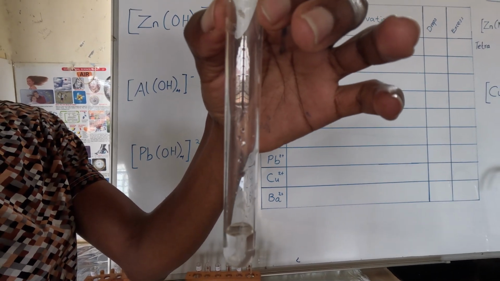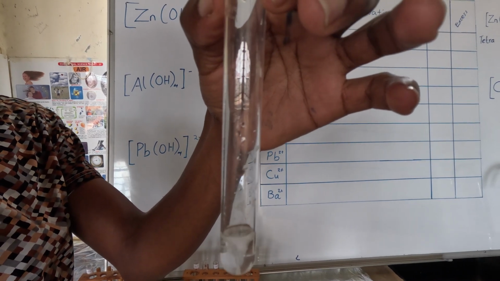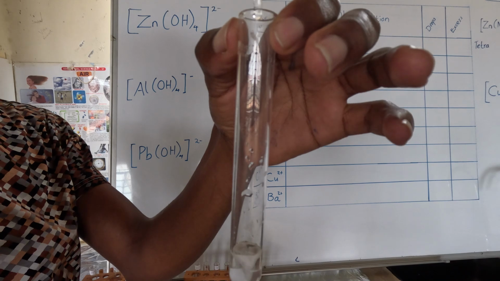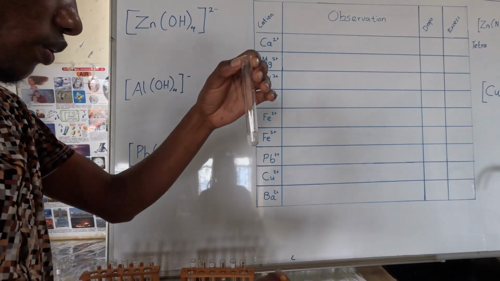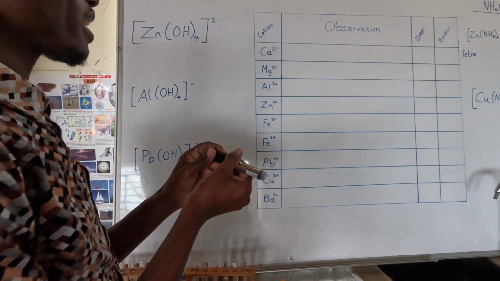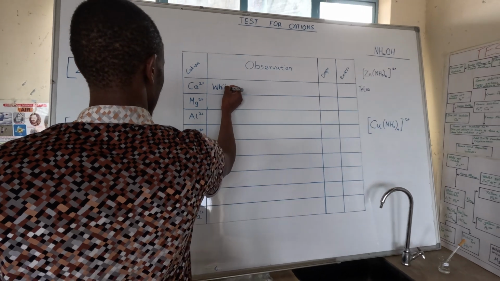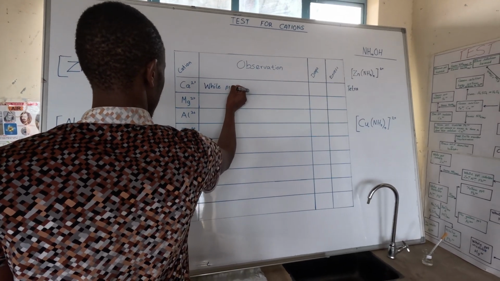First drop, you are seeing something that looks like clouds, and it is white. That is a white precipitate. So when you add 3 drops, there is a white precipitate, and that is what you write in observation.